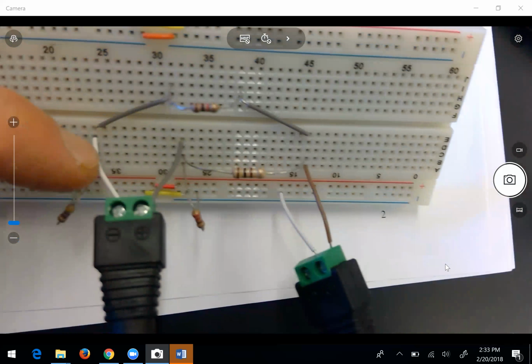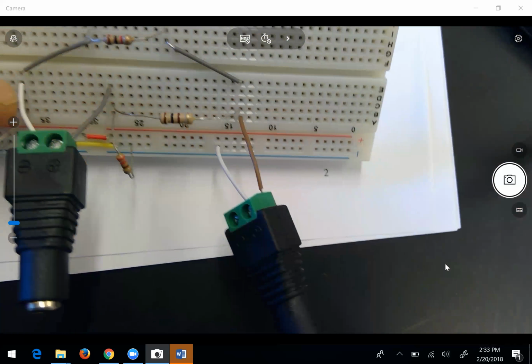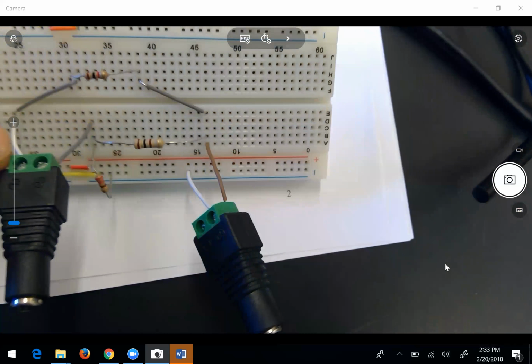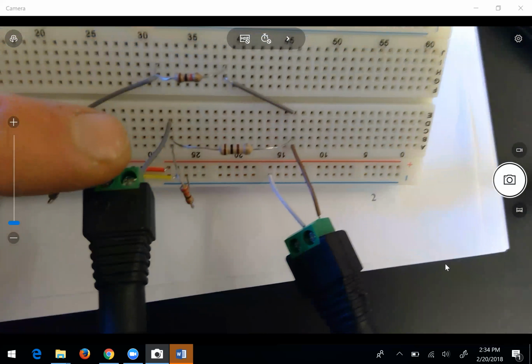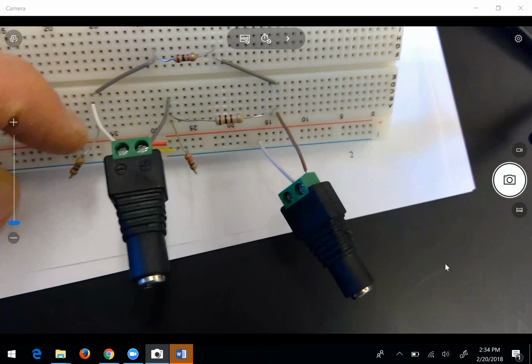You've wired the circuit properly, but it's non-standard. The convention is to have the dark wire going to ground, or the low potential, and the light-colored wire going to plus. So I would switch those. You switch the white and the black, but there's no reason electrically why this won't work that way.